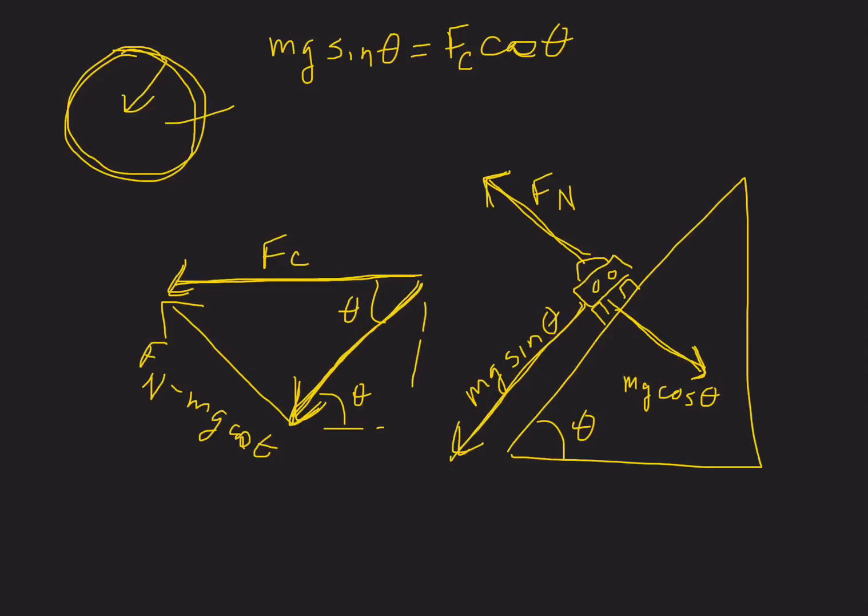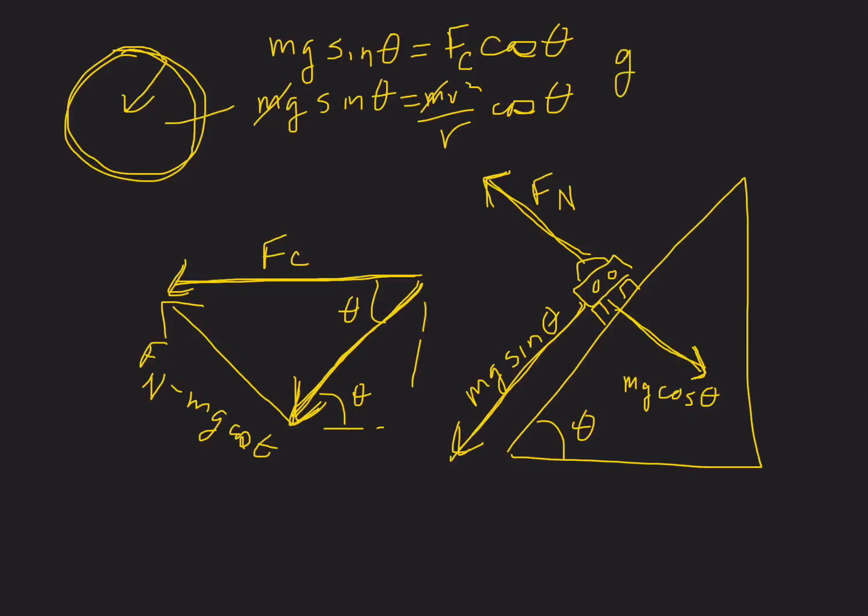Okay, so I can derive here. I can do mg sine of theta would equal Fc, which is mv squared over r, times cosine theta. Masses would cancel out. I could divide both sides by cosine, and you'd get what?